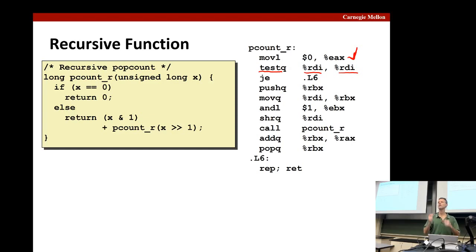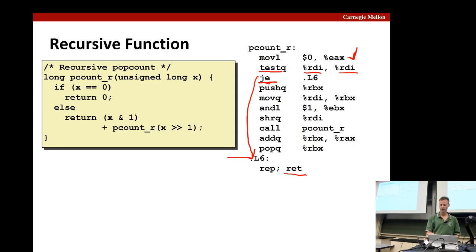It takes its two arguments and does what to them? Ands them, okay? So that's just going to return the thing again. And so basically you just want to know whether this value in RDI is 0 or not, okay? If it is 0, then the JE condition is satisfied, and we will jump out of the loop and return when we're done.